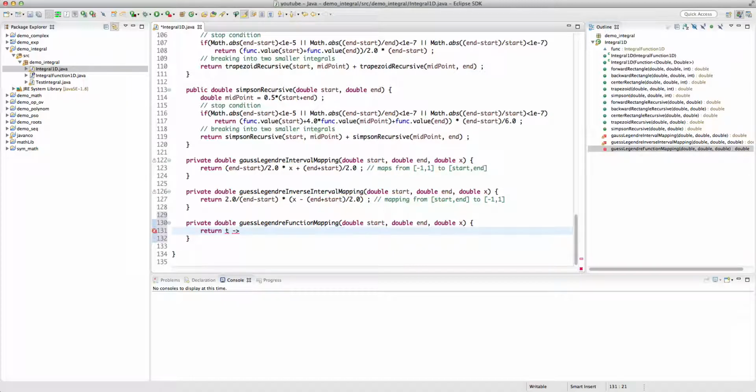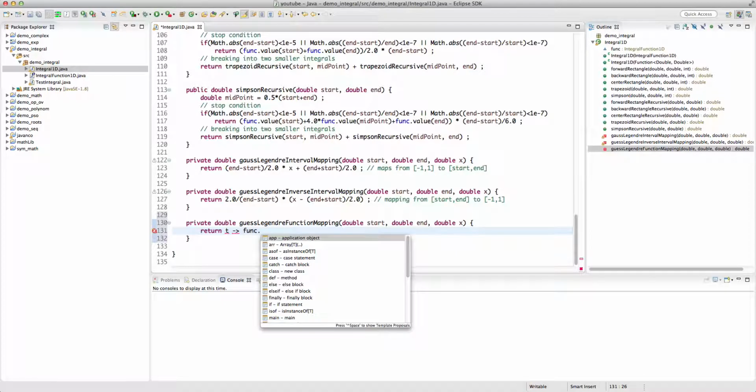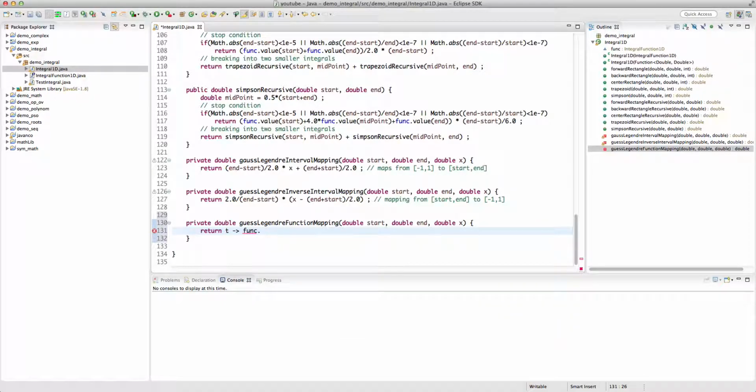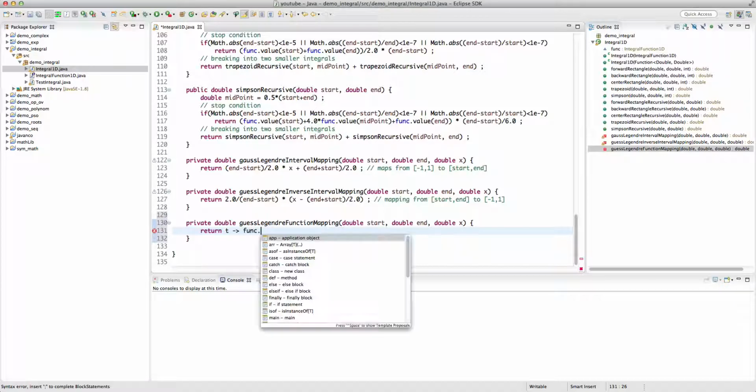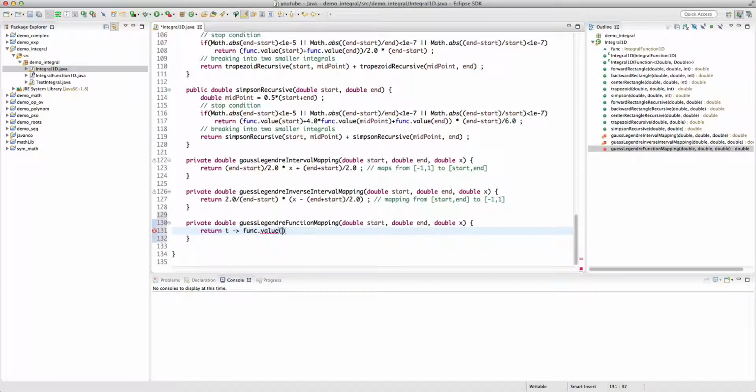We want to return an integral function 1D, so we get the func dot value.